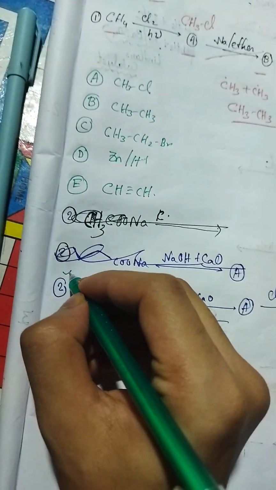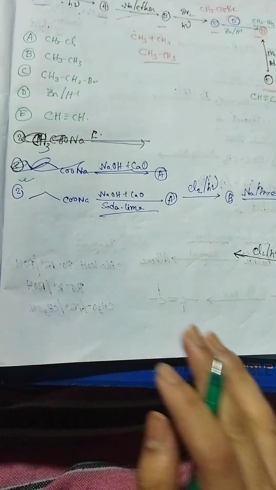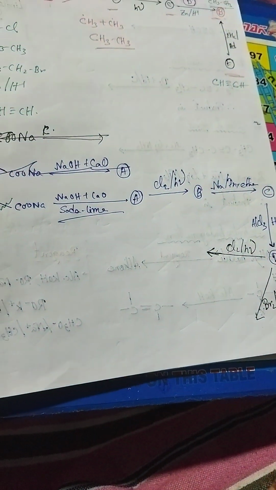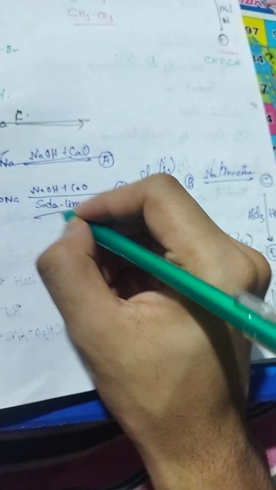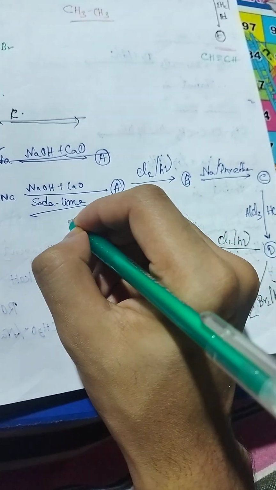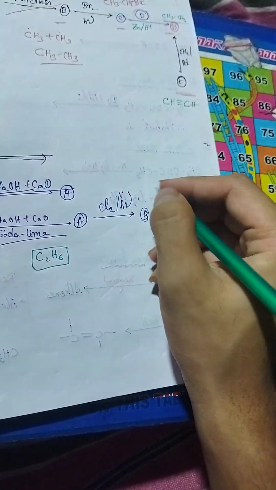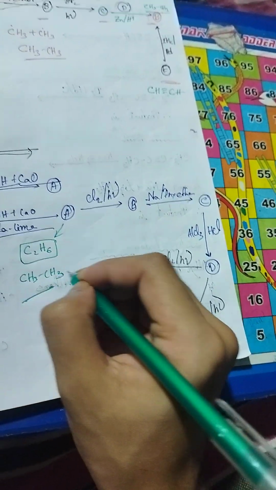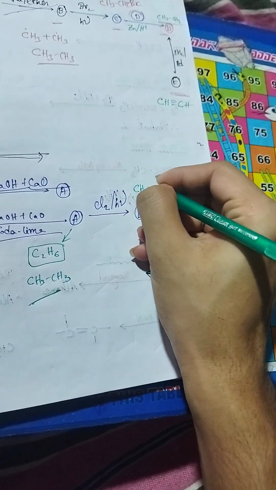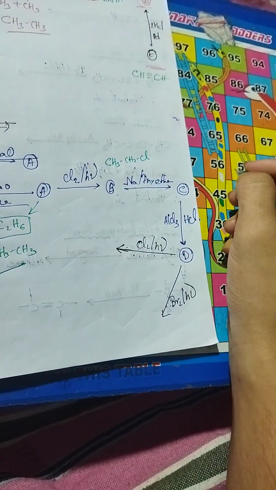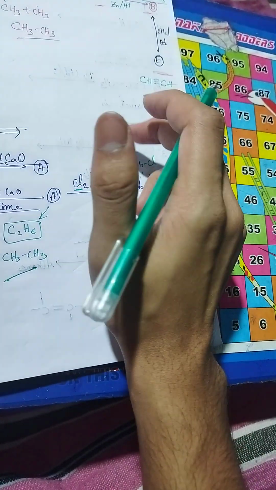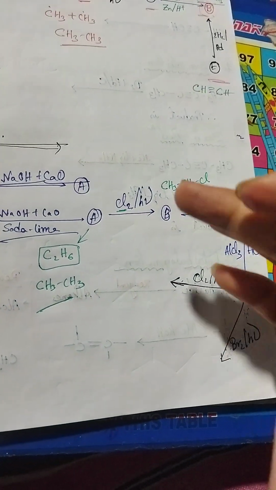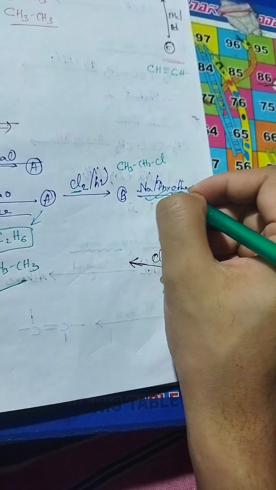And another question is this. Here this bond is broken and C2H6 is formed, and here A is C2H6, CH3CH3, and B is CH3CH2Cl, because here there are no secondary and tertiary hydrogens, that's why the primary alkyl halide is formed. This is the Wurtz reaction.